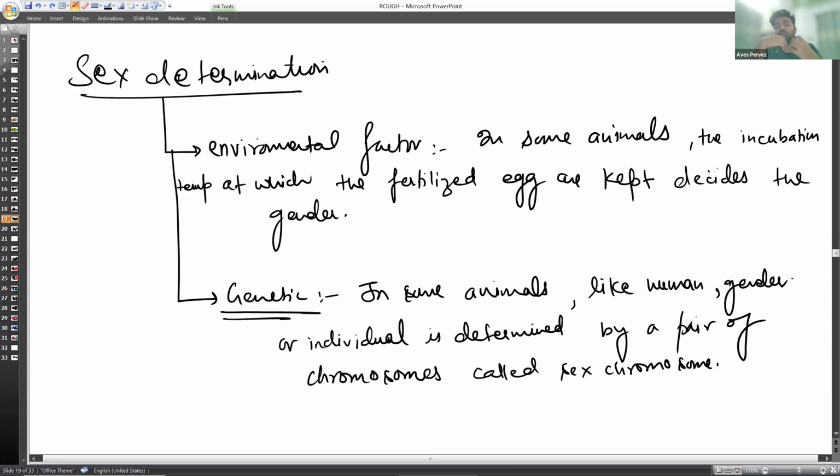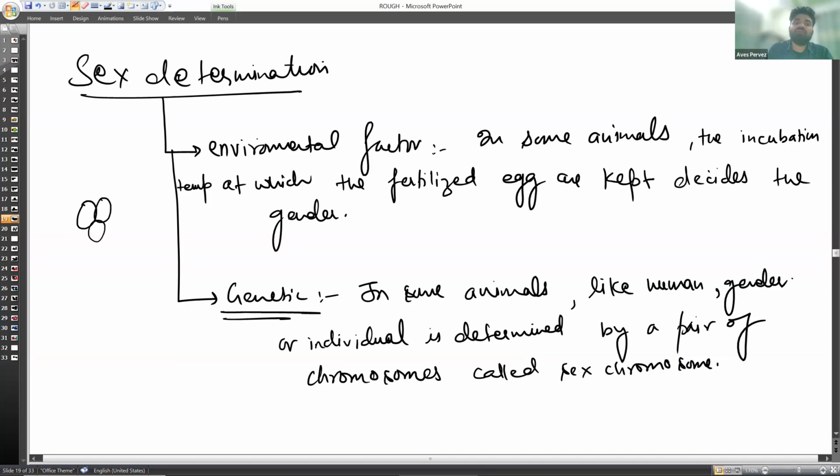The incubation temperature matters. For example, these are eggs laid by a hen, and she is sitting over them. A high incubation temperature can result in females, and a low incubation temperature can result in males. But this is opposite in lizards.